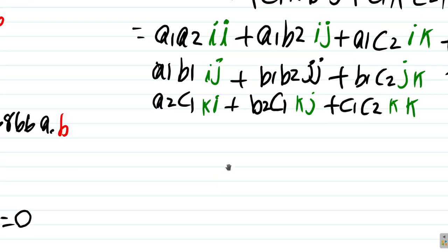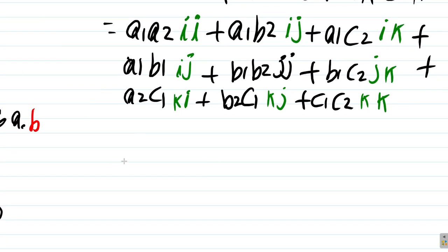Guess what? You see, II, both of them are pointing in the same direction. The angle between them is 0. See that? In that case, cos of 0 is 1.